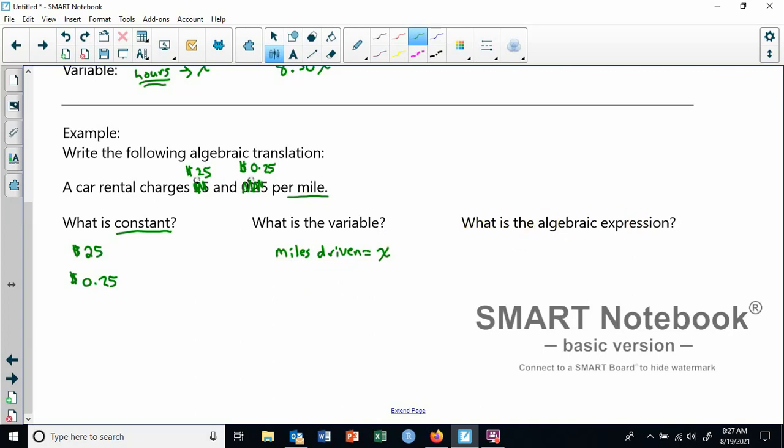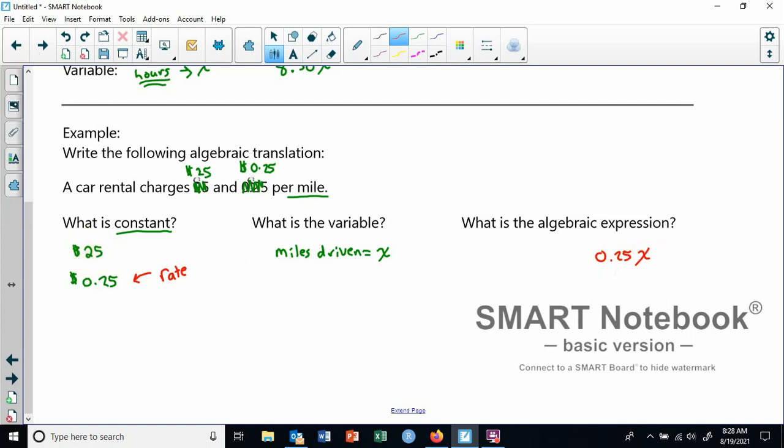Can we write the algebraic expression? Well, one of these, remember up here I mentioned, is going to be the rate. That means it's going to be multiplied by the x. Which one is related to the x? Well, that's the 25 cents. That's the constant that is our rate. That's the one that will be multiplied by our x.